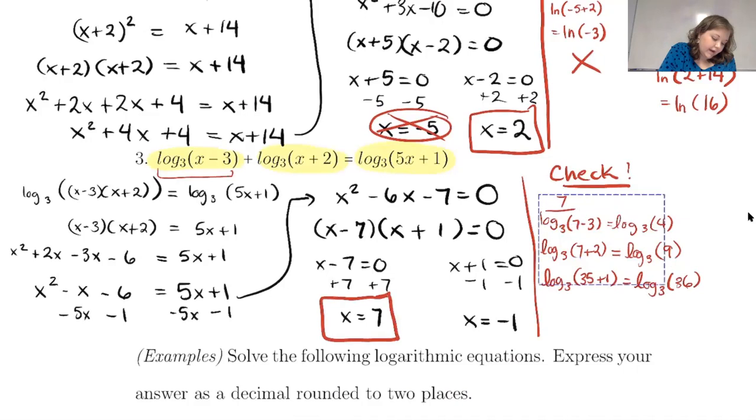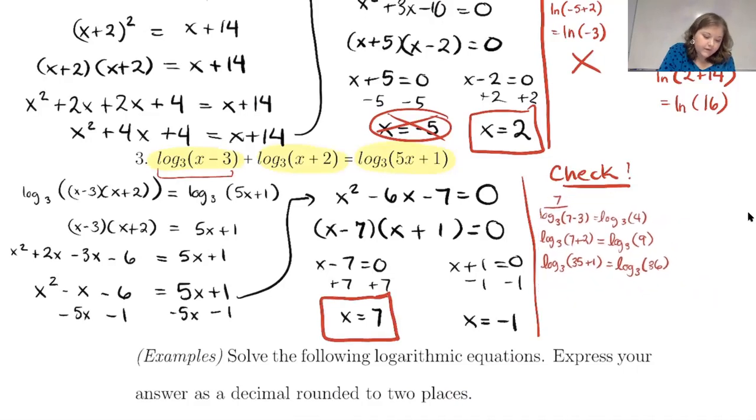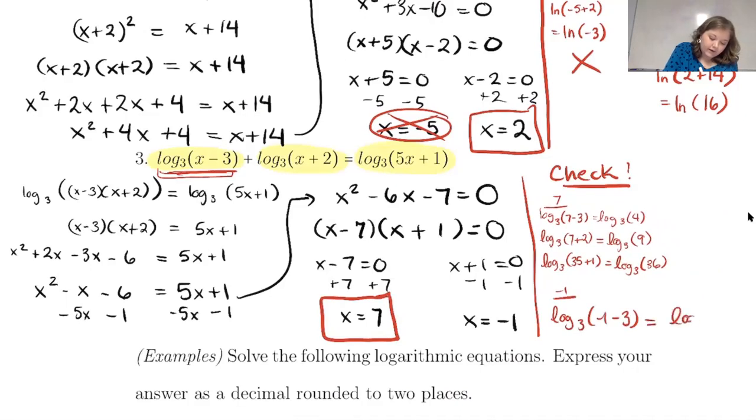So then we'll check -1. So if you plug in -1 into the first logarithm here, log base 3 of -1 minus 3, you're already getting that that is log of -4, which is not okay to have inside of a logarithm.